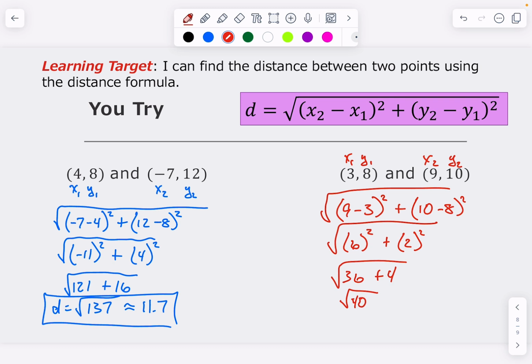This time, this simplifies. So the largest perfect square that comes out of 40 is 4. So this is the same thing as 4 times 10, which is going to give me 2 square root 10 when I simplify that, which is approximately equal to the decimal 6.32.